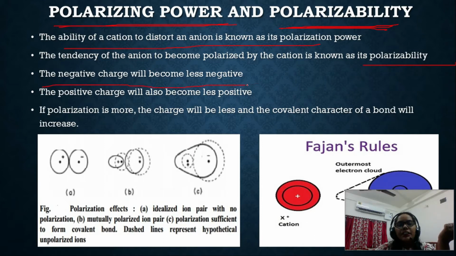The negative charge will become less negative and the positive charge less positive after the two ions come closer, because of this distortion, attraction force and polarization. If the polarization is more, it will increase the covalent character of the bond.